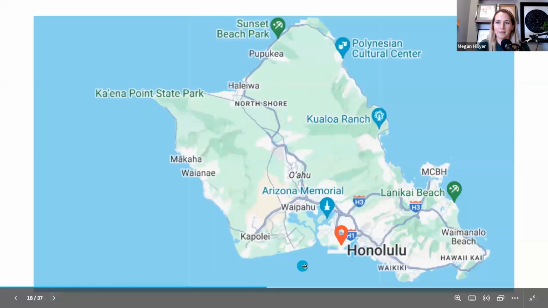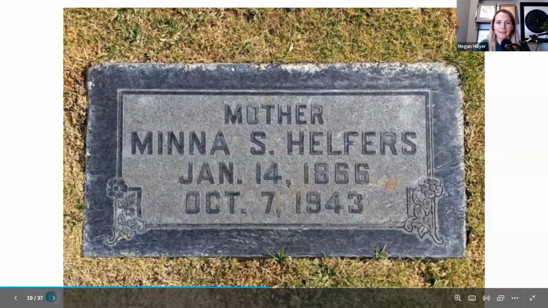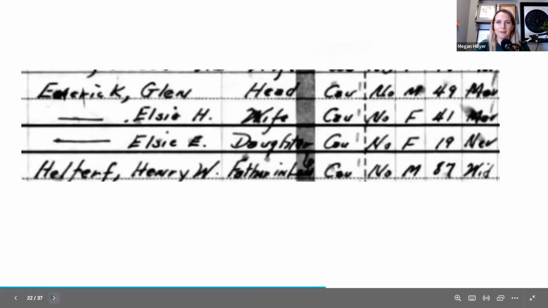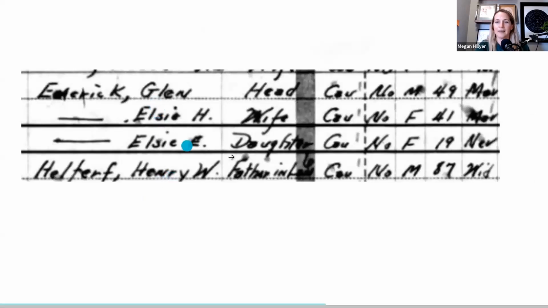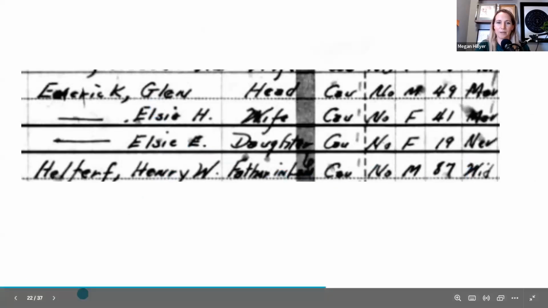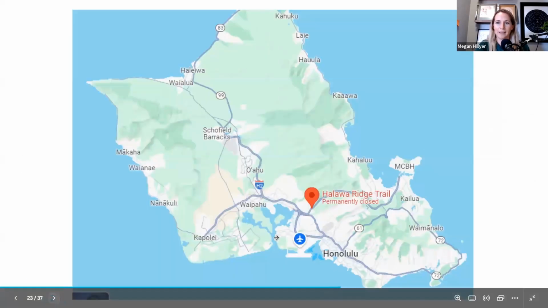And they are living now in Honolulu. Now Mina passed away, and now we have Henry is living with his daughter, Elsie, and he is now listed as widowed. And they are living near the Halawa Trail, just north of Honolulu there.